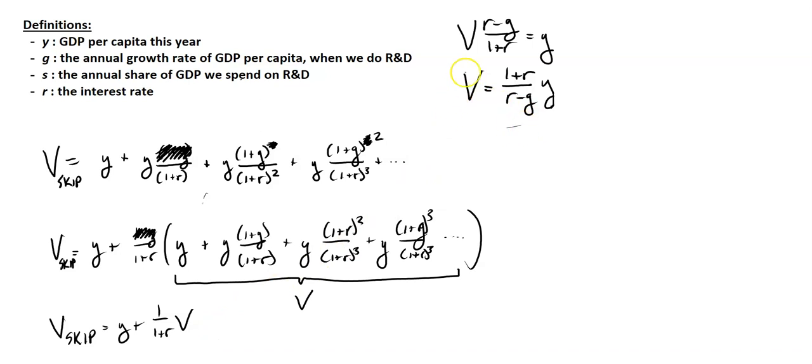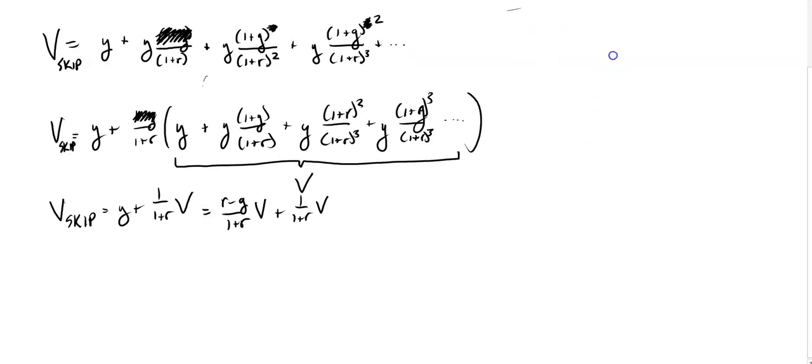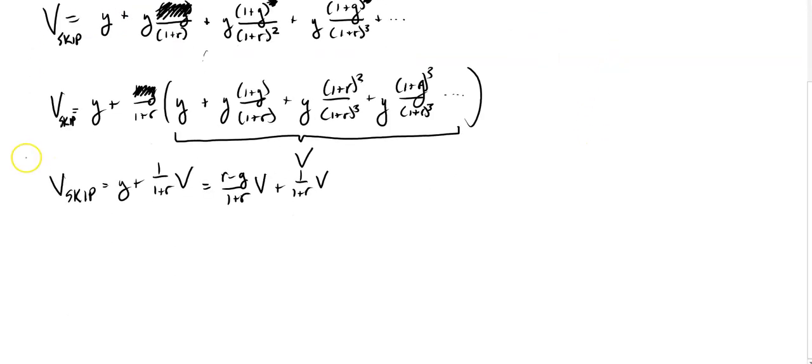And up here, we expressed Y also in terms of V, so we can also write this as (R minus G)/(1+R) times V plus 1/(1+R) times V. Okay? All right, now let's go further and calculate basically the benefits of doing R&D for 1 year. It is going to be the difference between the value of doing R&D minus the value of skipping, okay?